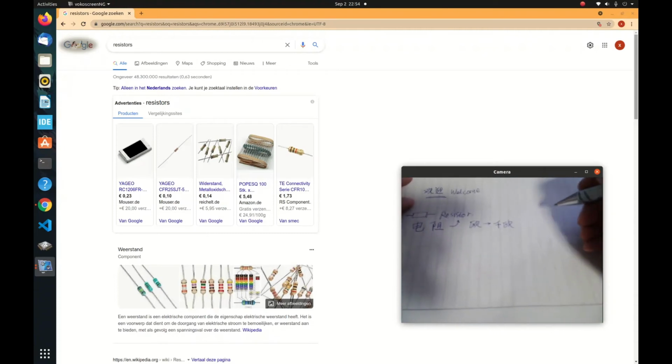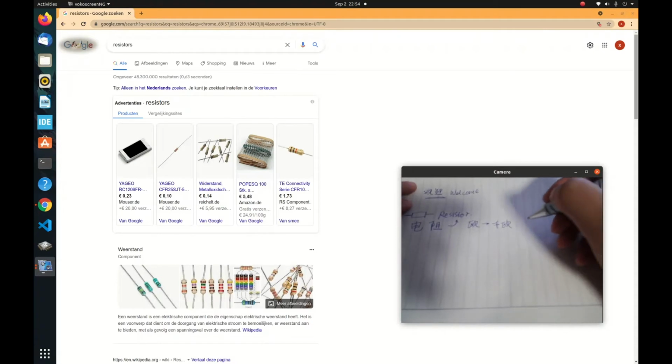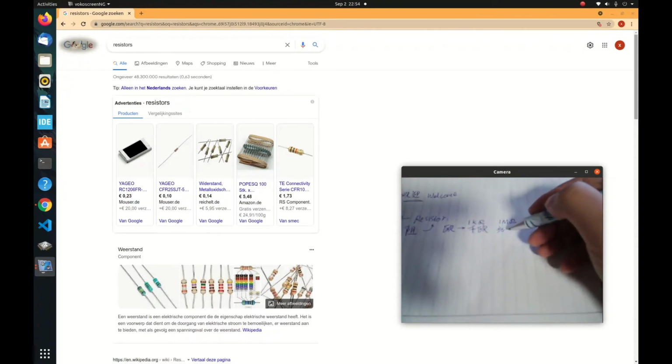And then if you want to get even bigger ones, I just say here 1k. And what about 1 mega ohm? So in English you will say 1 m. And then in Chinese we say here, this is the Chinese character for ohm.